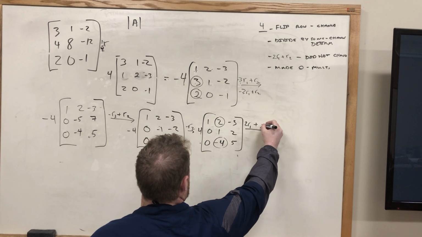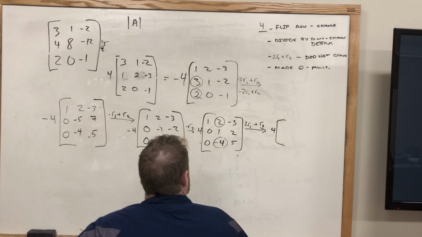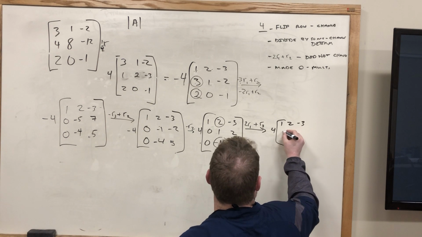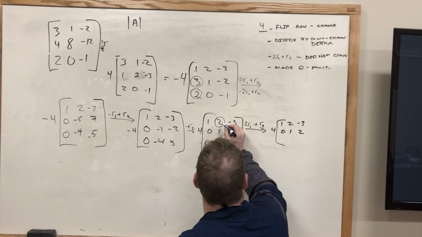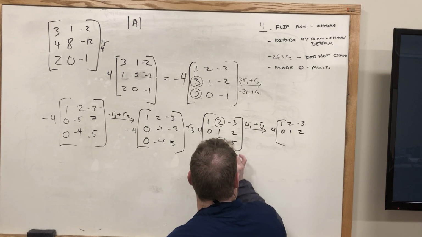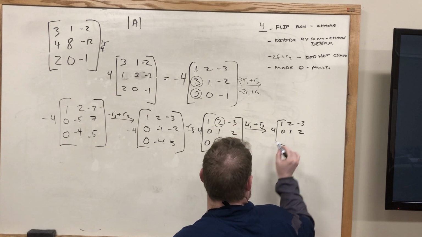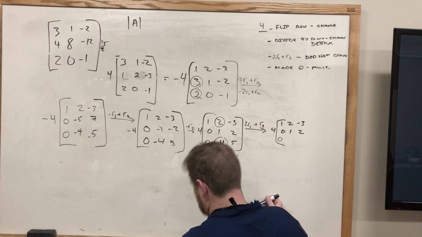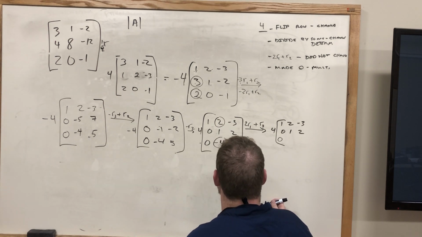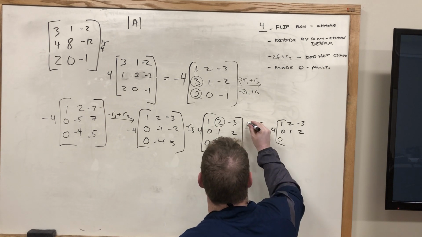R2R1 plus R3, and you're left with 4, right? 4, and then 1, 2, -3, 0, 1, 2. Watch carefully. 1. So 2 times 1, so 0, right? Oh no, we can't do that. Sorry, 4R2.